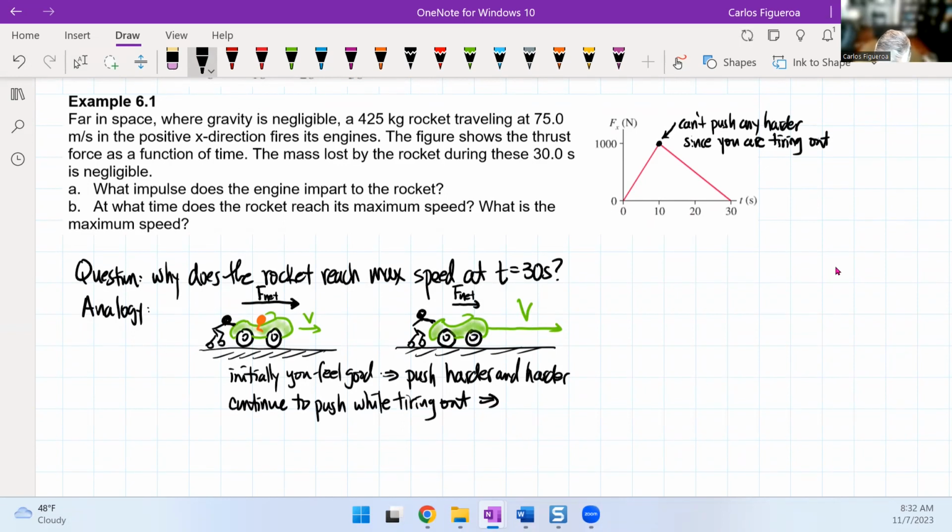And so what that implies is that the car still speeds up, but not at the same rate. So that's why at 30 seconds, this gives you max speed.